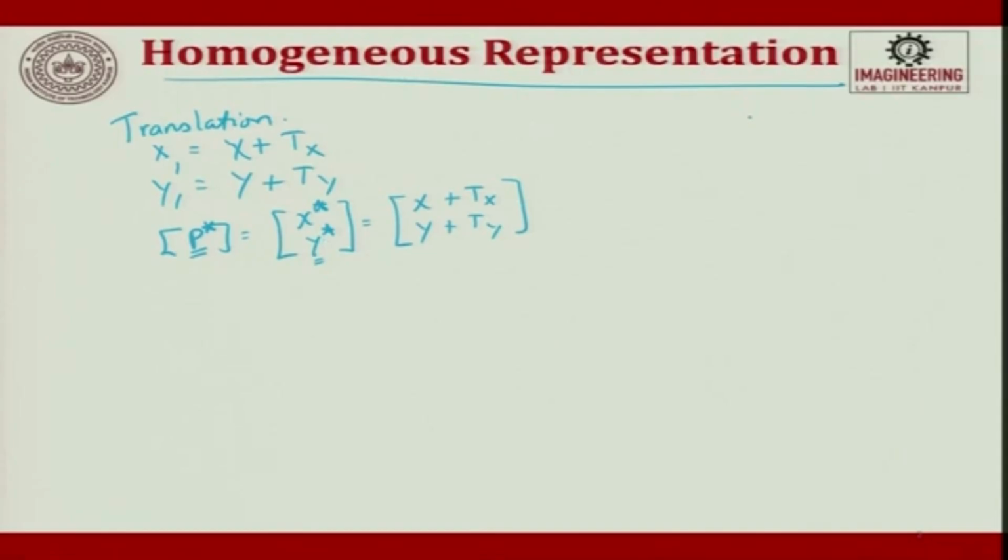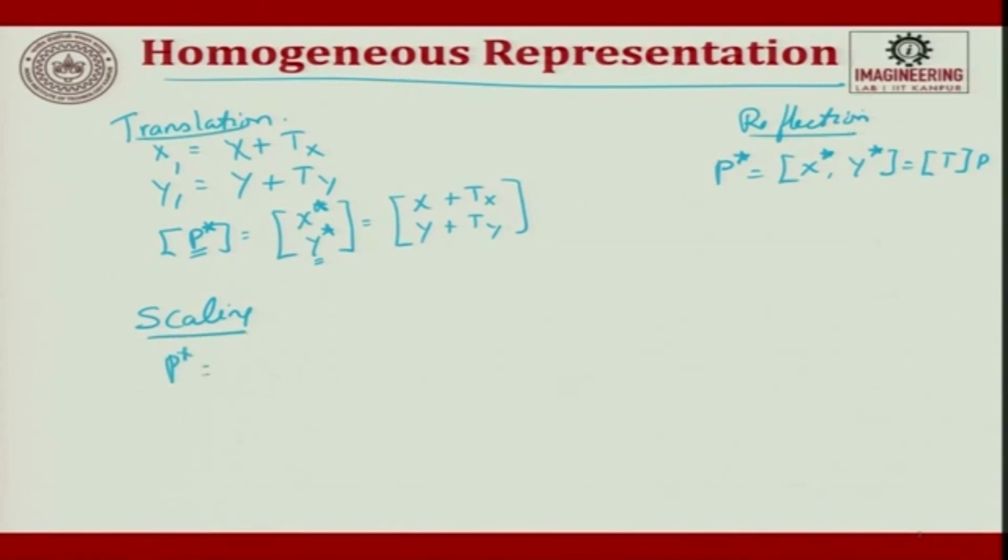When we do reflection, P star, which is x star comma y star, can be written as a transformation matrix into P. When we talk about scaling, P star equals x star comma y star, which is nothing but Sx into x comma Sy into y.